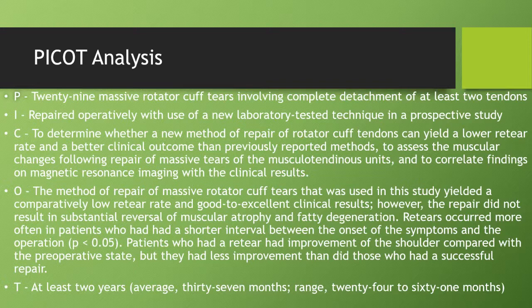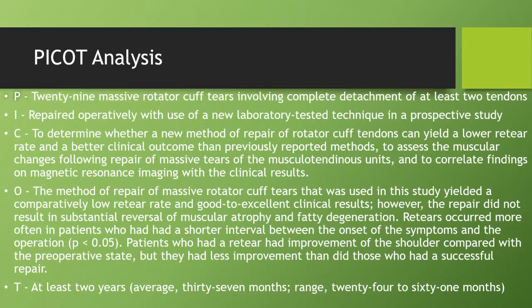The outcome: the method of repair of massive rotator cuff tears that was used in the study yielded a comparatively low retear rate and good to excellent clinical results. However, the repair did not result in substantial reversal of muscular atrophy and fatty degeneration.